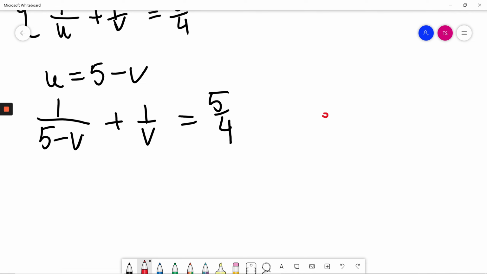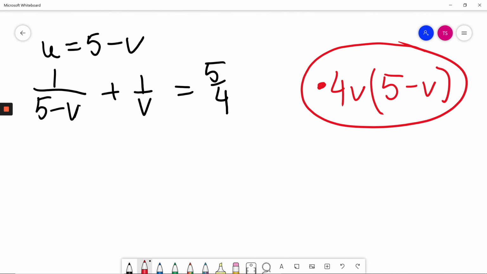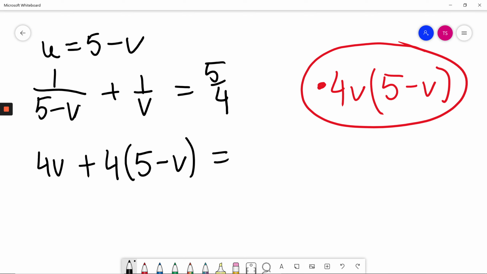At this moment I will multiply this equation by all denominators, so I will multiply by 4, by v, and by 5 minus v. So I will get 4v plus 4 times 5 minus v, and this will be equal to 5v times 5 minus v.